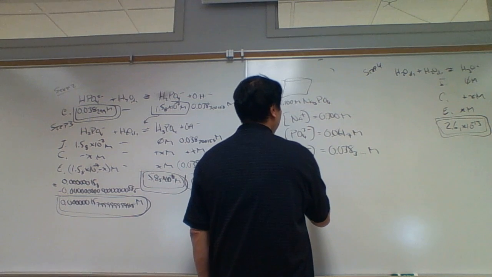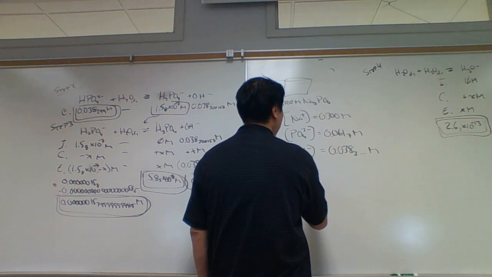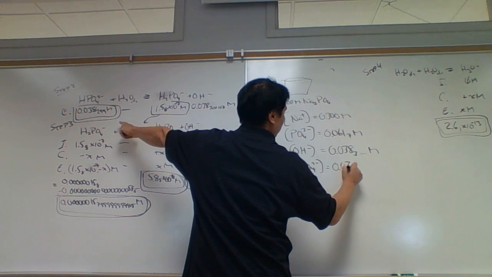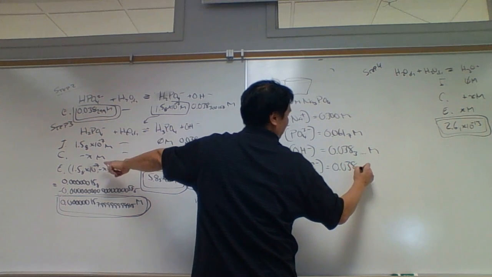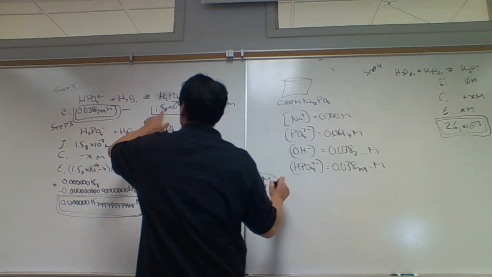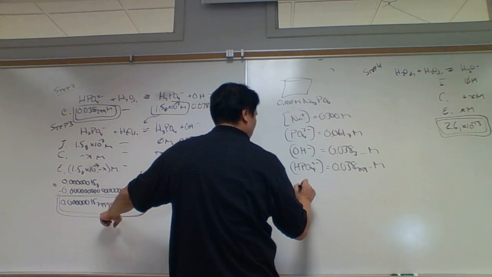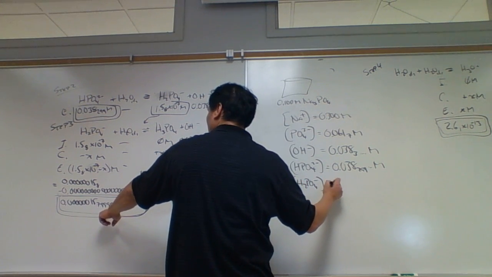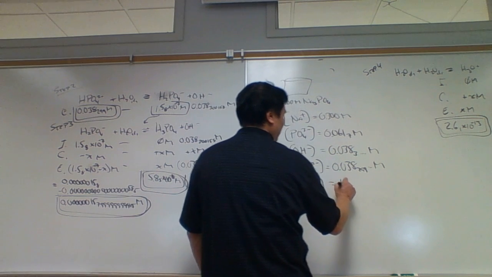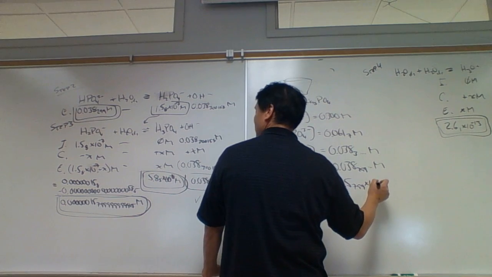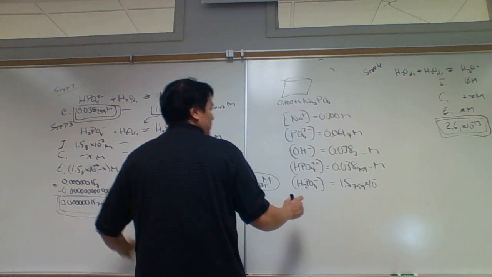We would find monohydrogen phosphate. Monohydrogen phosphate's here at 0.038299. We would find dihydrogen phosphate, which ends here, at 1.5799 times 10 to the minus 7 molar.